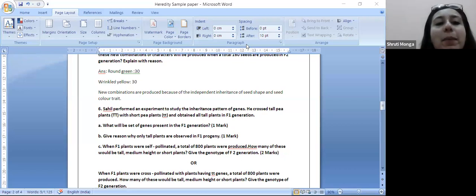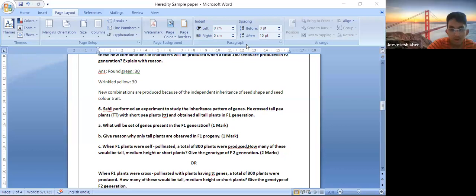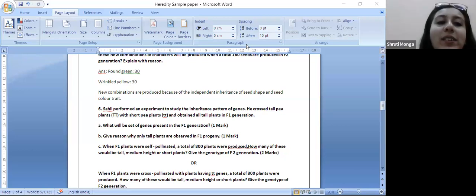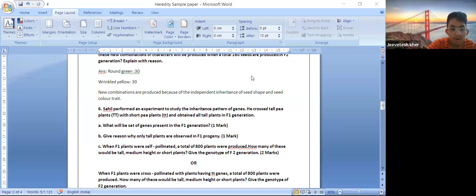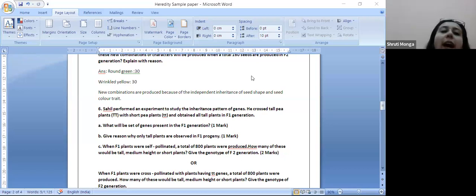Was there any medium plant? No, no medium plant. They are trying to trick you. You just have to calculate the F2 generation, and on the basis of that, you have to give the answer. Yes, Hriday, correct, good.